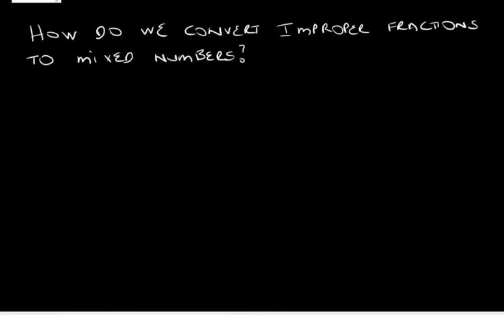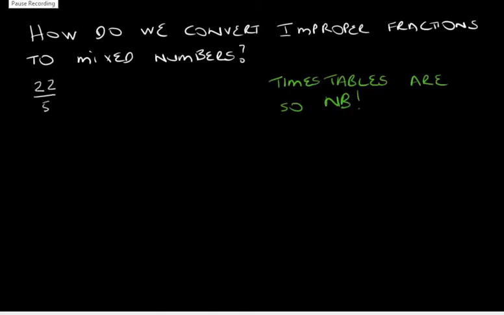So in that section we have converted mixed numbers to improper fractions. But how do we convert improper fractions to mixed numbers? Let's have a look. Let's look at the fraction 22/5. So the question we've got to ask ourselves is, how many times does 5 divide into 22? Do you know?